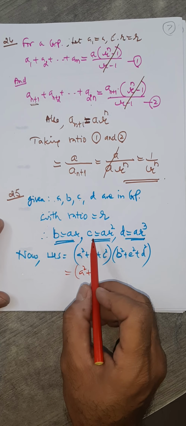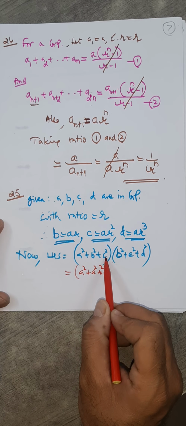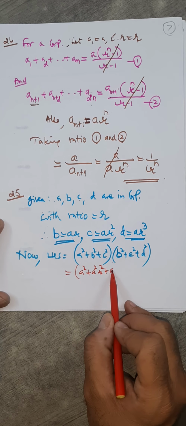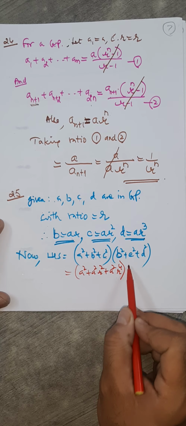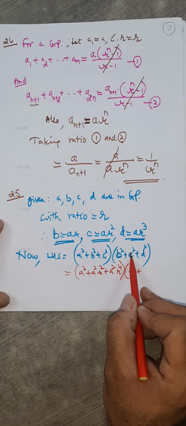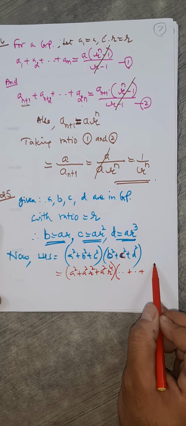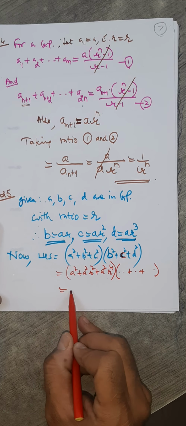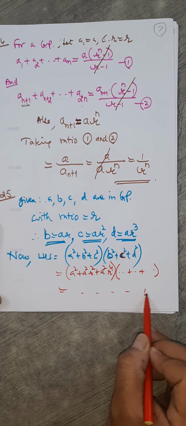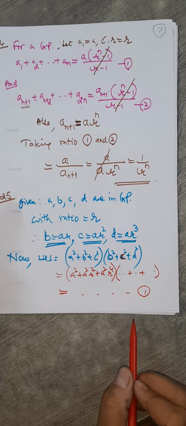What is b? That is ar, so a square r square. What is c? That is ar square, so you have a square r raised to 4. Put the value of b here, then c square, and d square, right? Call this as 1. Simplify means take r square common, keep those two brackets as it is, do not open.